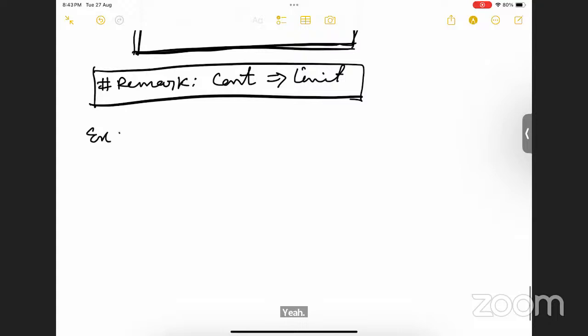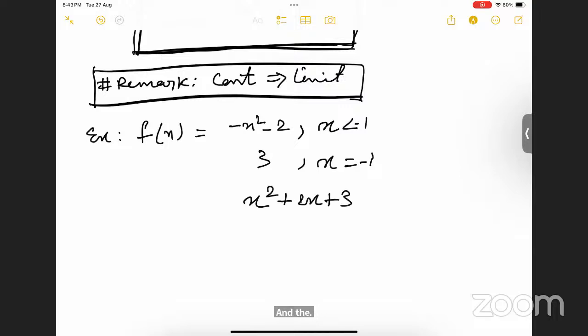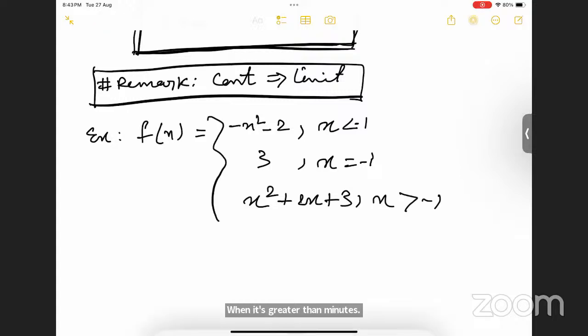So let us solve one problem. Suppose our function is minus x squared by 2 when x is less than minus 1, 3 when x equals minus 1, and x squared plus 2x plus 3 when x is greater than minus 1.